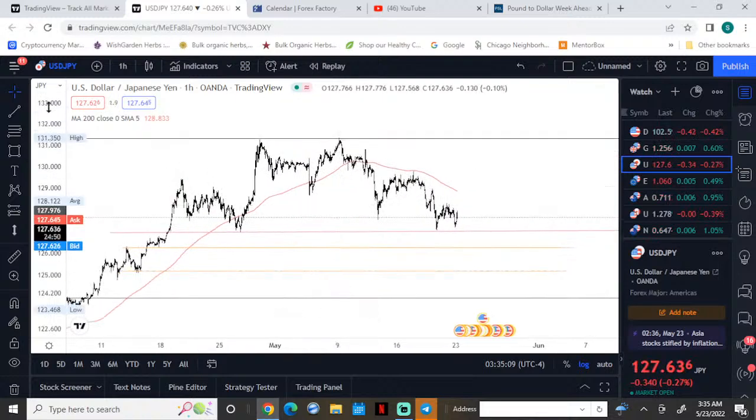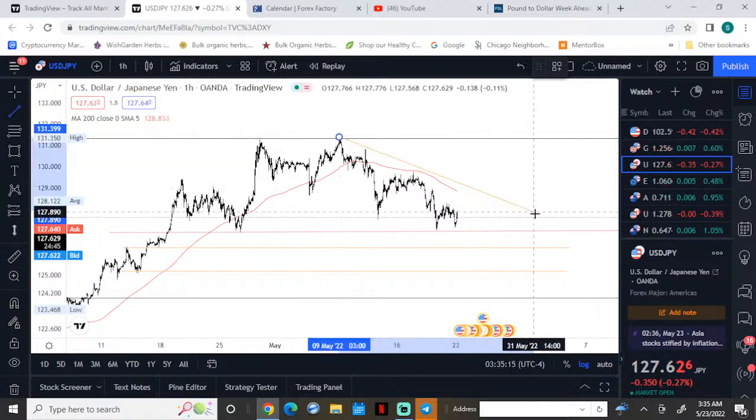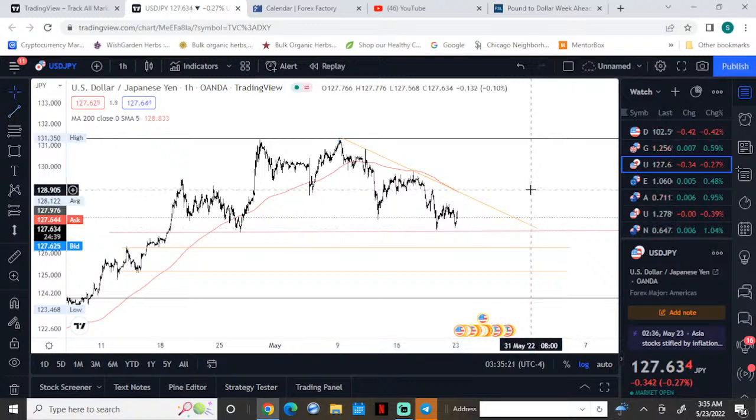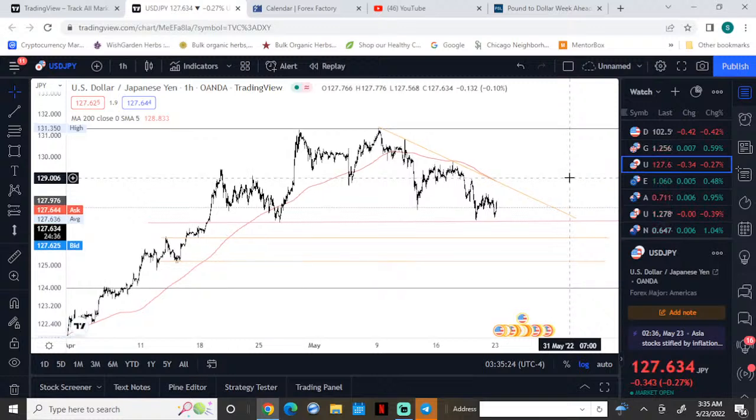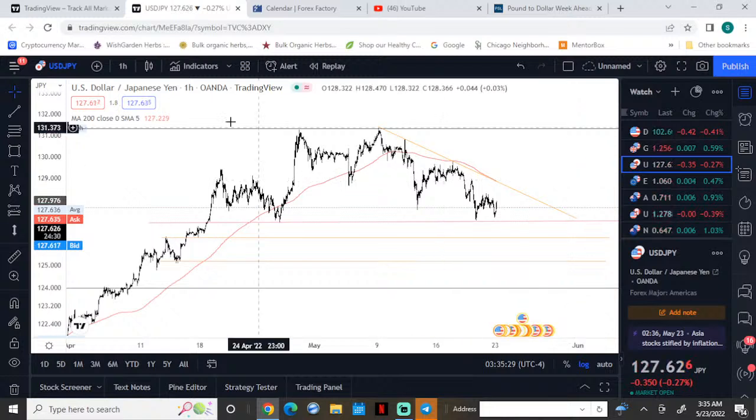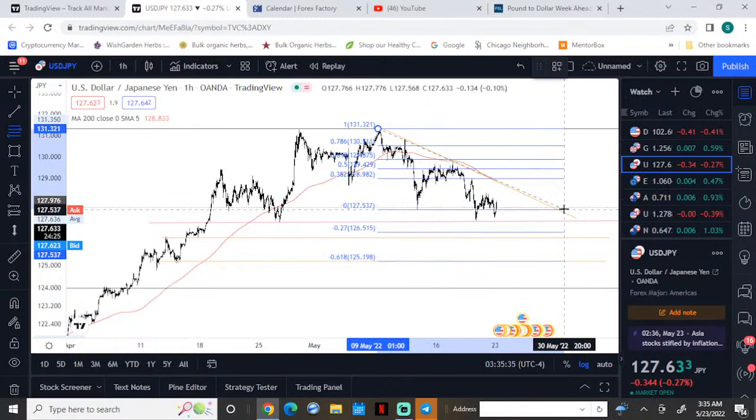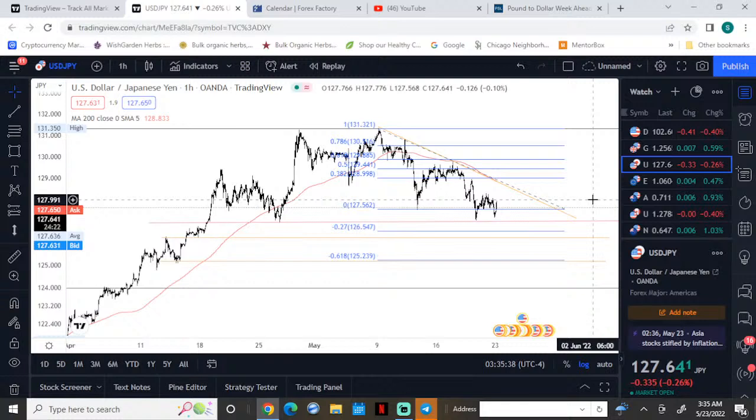I see a trend line on this hourly. It's current fib A to B. All right, so we could see it fall 1 to 125.240.